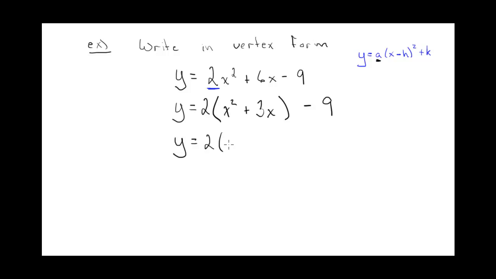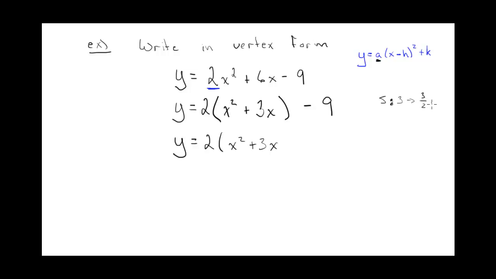So you look inside the bracket, you leave these terms, and you say, okay, what do I need to do to this to make it a perfect square? So the sum should be 3. So what number multiplies with itself to get 3? Or what number adds with itself to get 3?